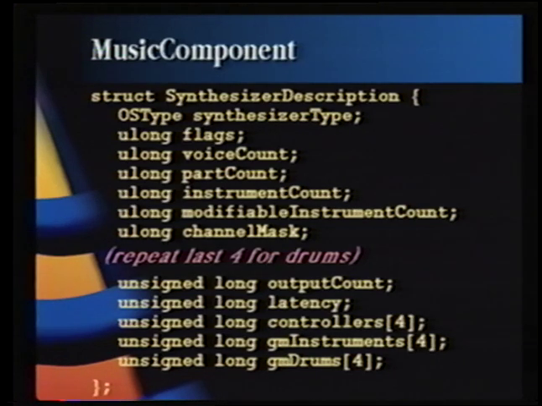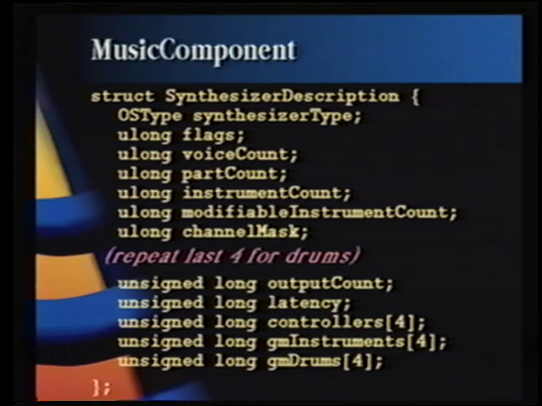Various instruments may have a lot more voices in ROM than just the basic general MIDI set. And the channel mask is for MIDI devices specifically, and it says which MIDI channels the device can receive on. Because general MIDI supports a drum part on channel 10, we also kind of take a special case for drum parts. So we repeat those last 4 fields, the part count and instrument count, for the drum part of a synthesizer. So that way you can have one synth that has both drum instruments and musical instruments.